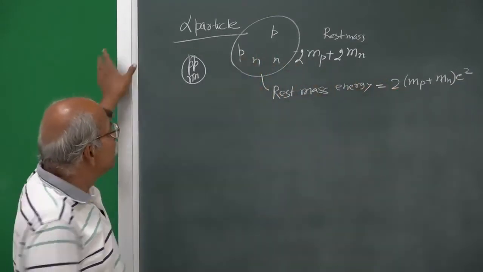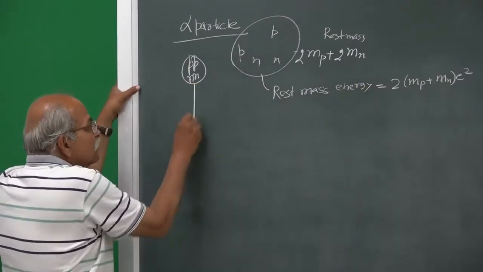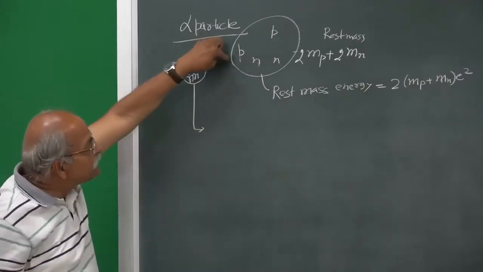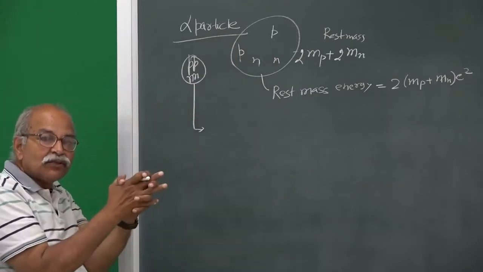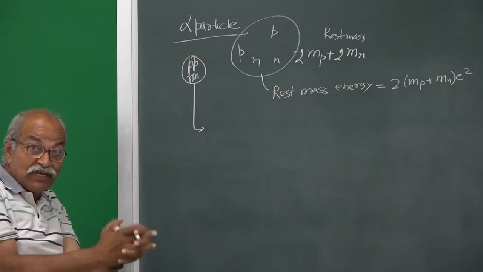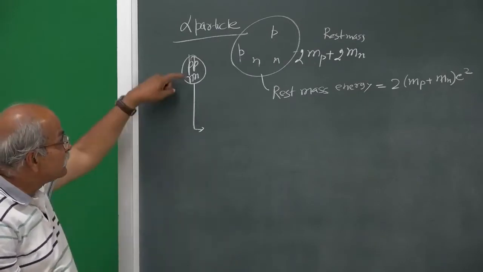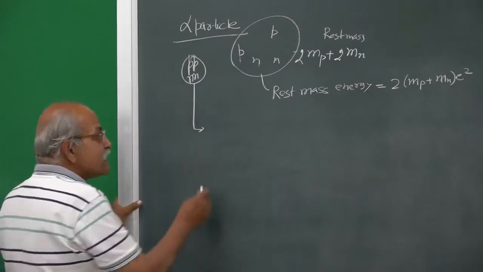But when these 4 particles are bonded together so that they make a helium nucleus, which you call an alpha particle, the rest mass energy is less.